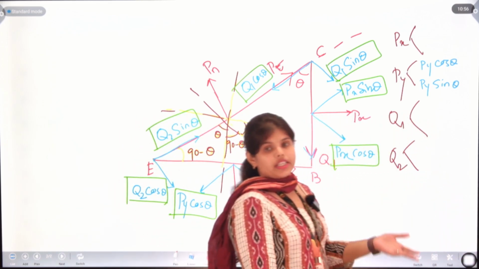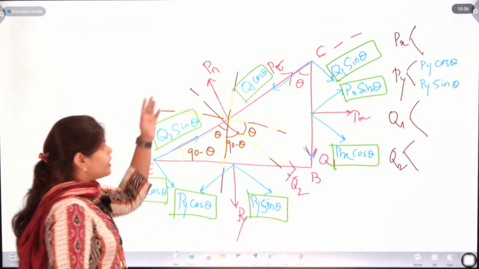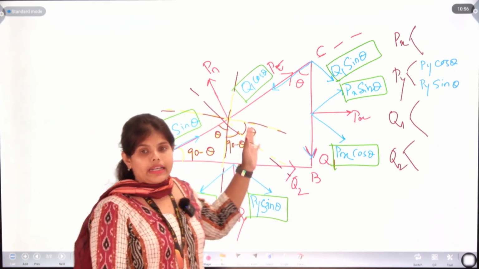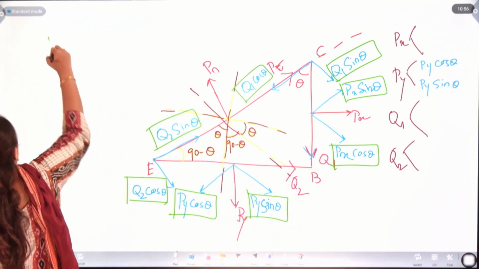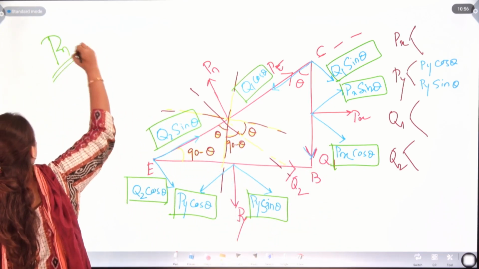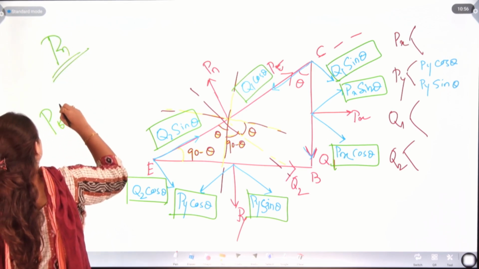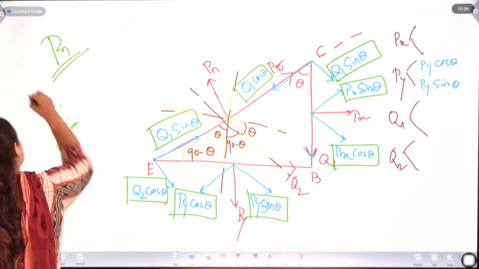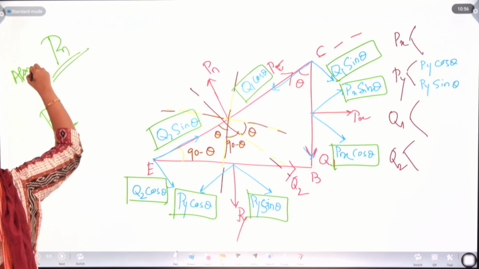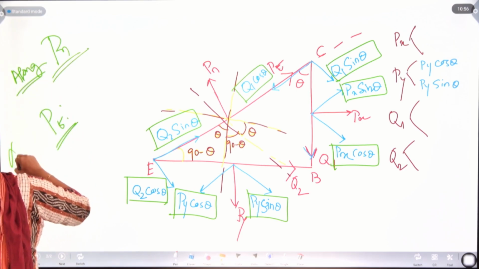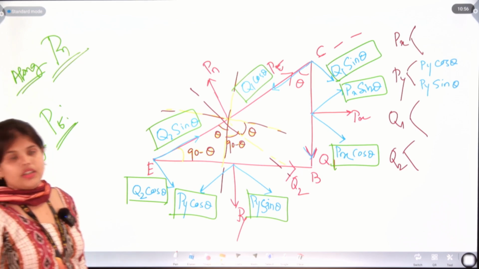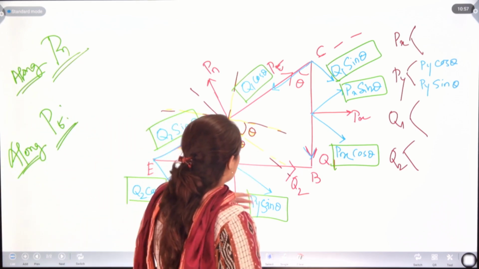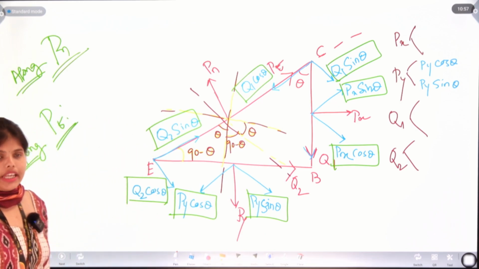Now, our work is to find out which forces are acting along which stress. Our main aim is to find the forces acting along Pn and the forces acting along Pt. So, how can we know which forces are acting along Pn?